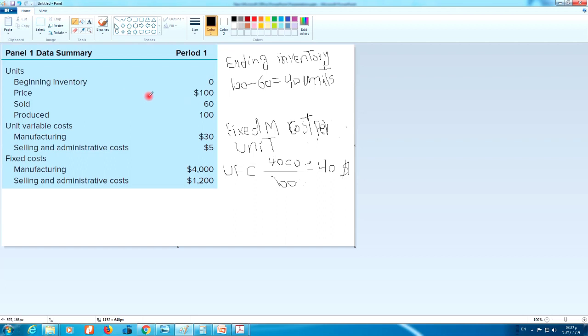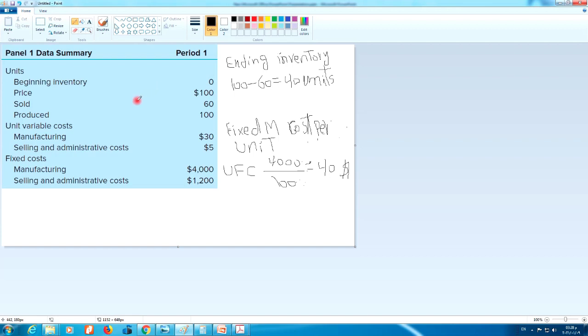Selling price $100, sold units 60, actual production 100 units, which is equal to the budgeted production. Unit variable costs: manufacturing 30, selling and administrative costs 5. Fixed costs as lump sums: manufacturing 4,000, selling and administrative 1,200.